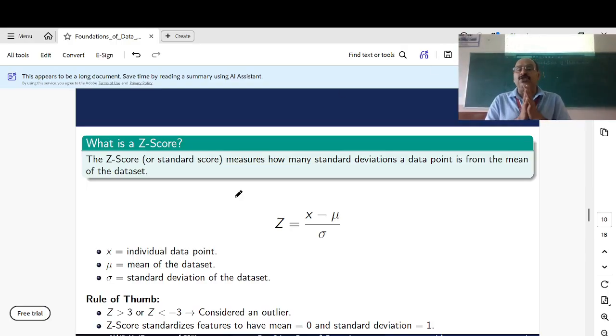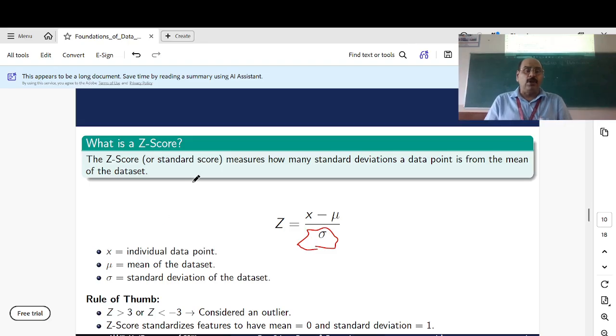So how to calculate z-score? Z-score is nothing but the individual data point minus the average, divided by the standard deviation. Do you know how to calculate standard deviation? Before I begin my lectures, I told you you have to revise your statistics and basics of mathematics, whatever you have studied previously. Okay.